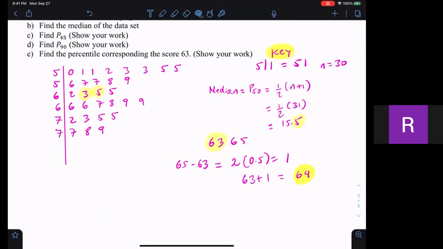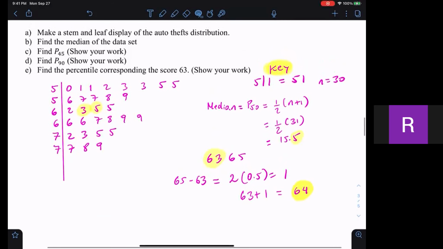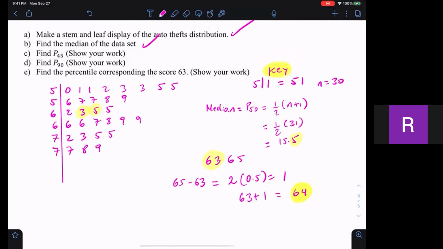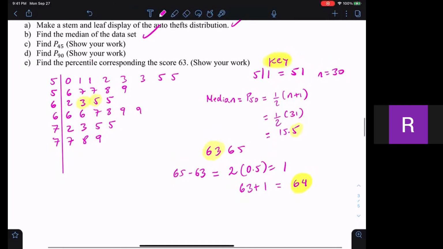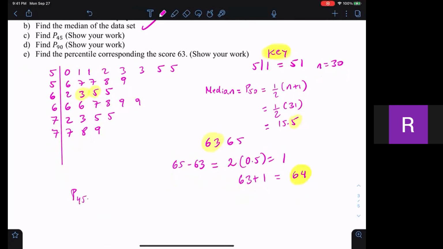So I did part A, part B. Now you need to find the 45th percentile, right? This is not a big deal. This is 45 over 100, and then you need to do your sample size plus 1, which in this case is 31, because 30 plus 1 is 31.